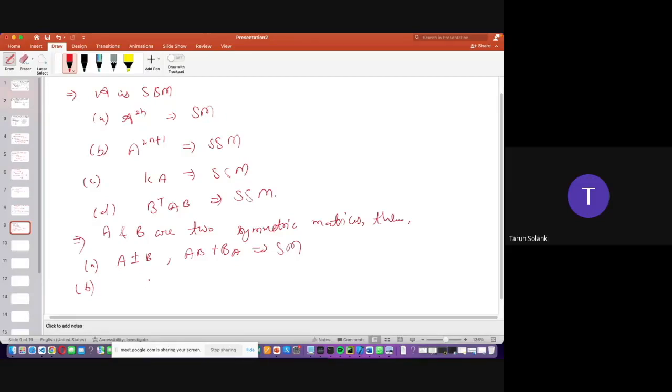B: AB minus BA is a skew symmetric matrix. C: AB is a symmetric matrix when AB equals BA.